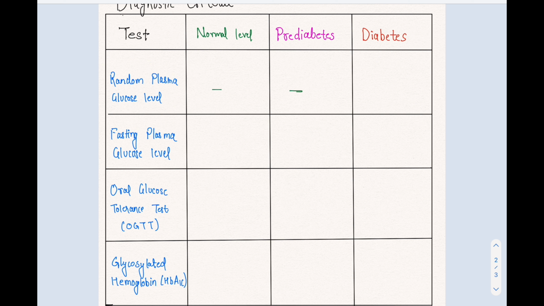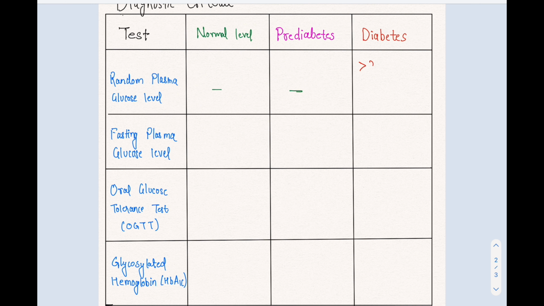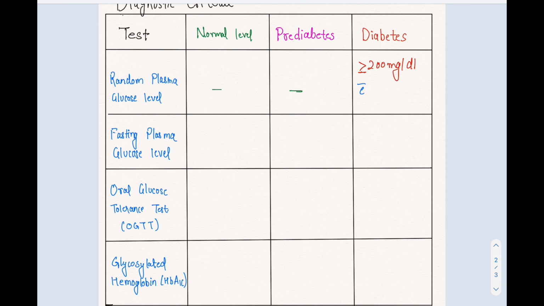If the random plasma glucose level comes out to be more than or equal to 200 milligram per deciliter, we call that a diabetic range. And remember, the person should also present with classical hyperglycemic symptoms, then we can diagnose that person with diabetes mellitus.